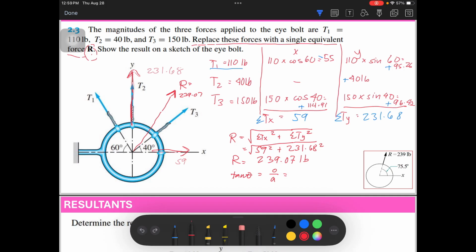Nasan yung TY? Sulat ko mga TY over TX. So, magiging, let me put here, theta is equal to arctangent. Substitute na natin yung TY over substitute na natin si TX.